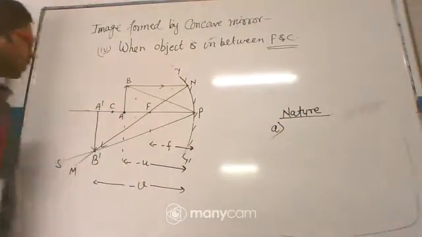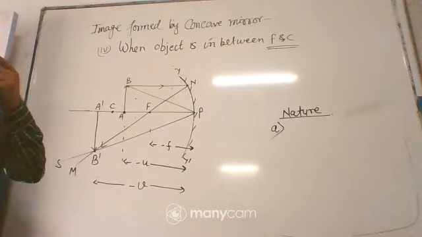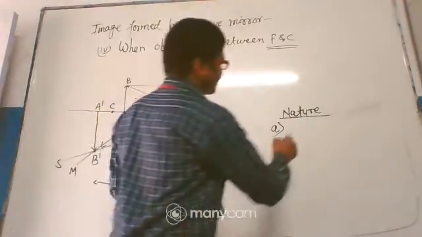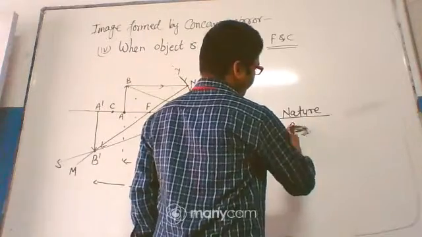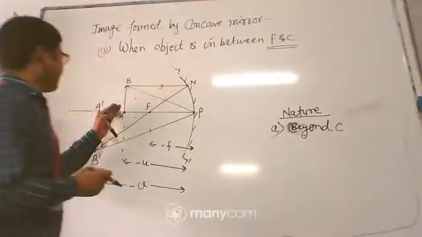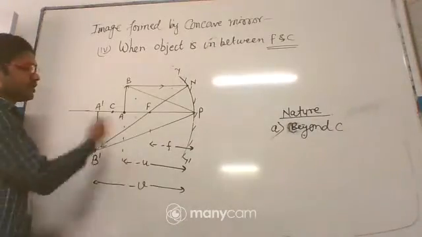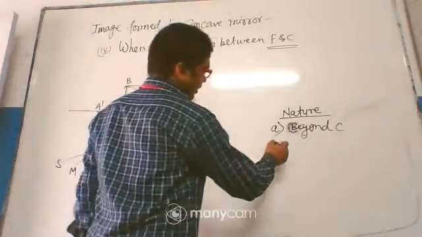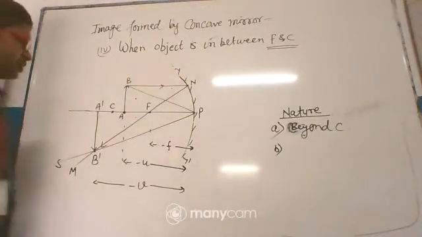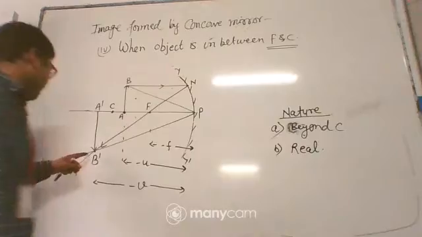First one is about the position. Your answer is that it is beyond C, because you can see here this is beyond C. Beyond C means after C, so v must be greater than R. So the position is known as beyond C. Then the second point is that it is real, because the two light rays intersect each other in reality.